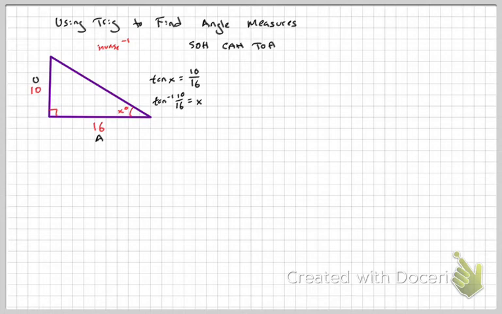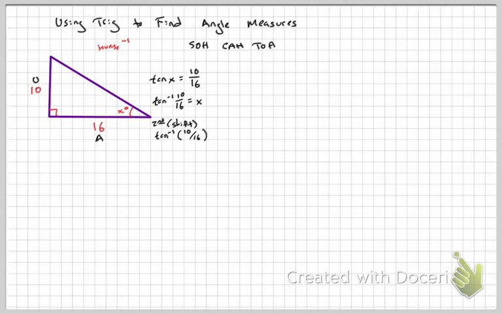And so what you're going to want to do to enter this into your calculator is press the second or the shift button, and then press tangent, and that should pop up. When you do that, it should give you a tan to the negative 1. And then after that, you're going to want to open a parenthesis if it doesn't open one for you, and do 10 divided by 16, and then close your parenthesis.